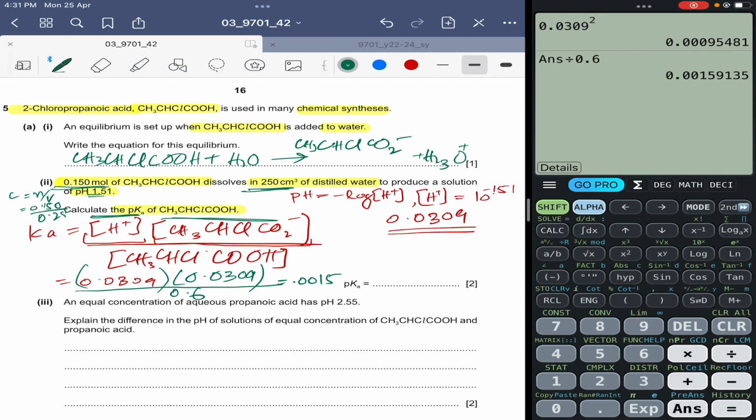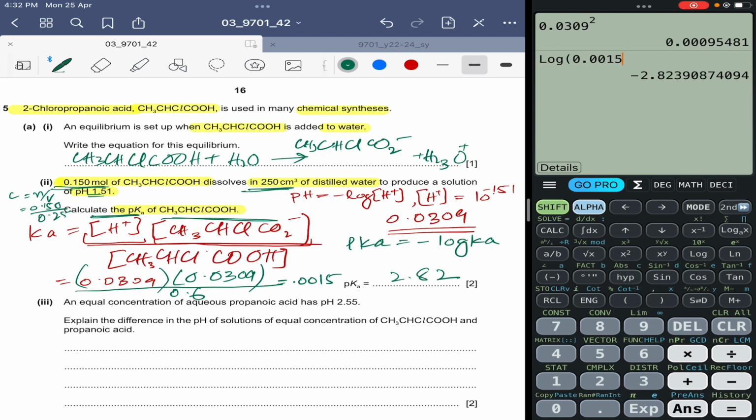Right, and now finally we have to determine the pKa value. So pKa equals negative log Ka. So log of 0.0015 is minus 2.82. The minus would convert into plus, so the answer would be 2.82.